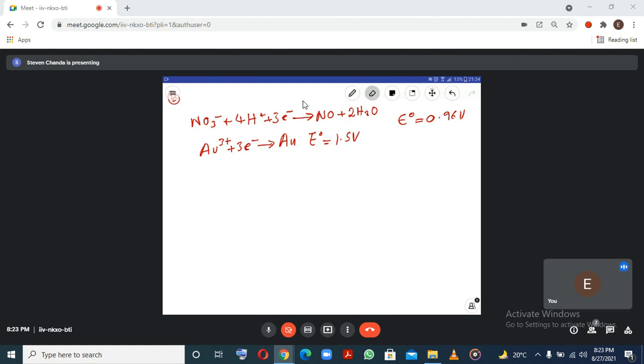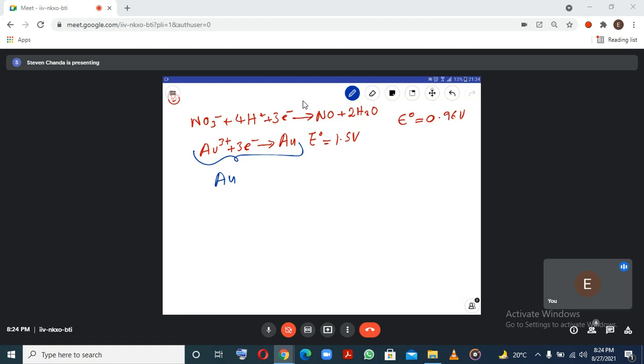So if we are forming ions from the metal solid, it means that it's this reaction that has to be reversed. I hope that point has been taken as to why, even though this one is more positive in terms of reduction potential, what the question is asking entails that it's this same one with the higher value which has to be reversed.